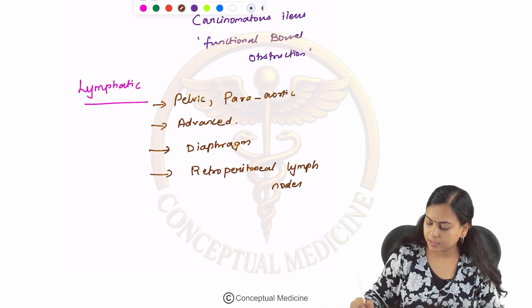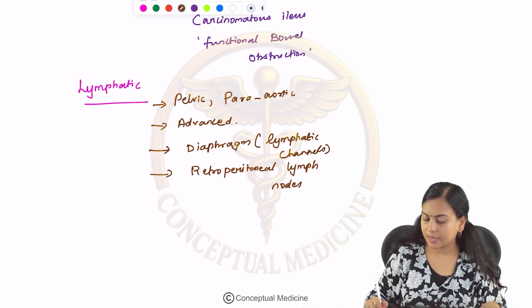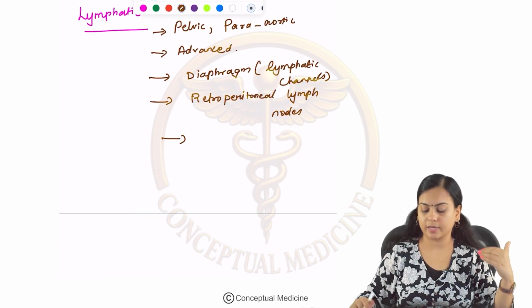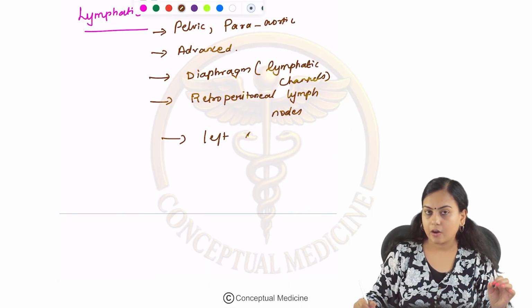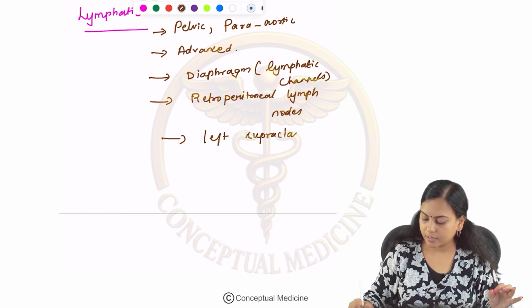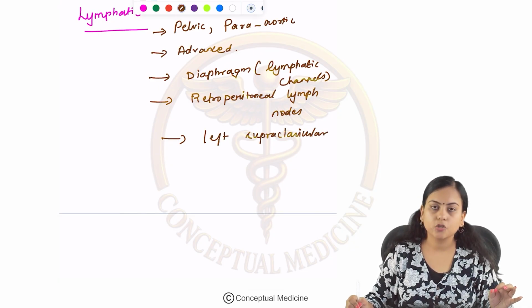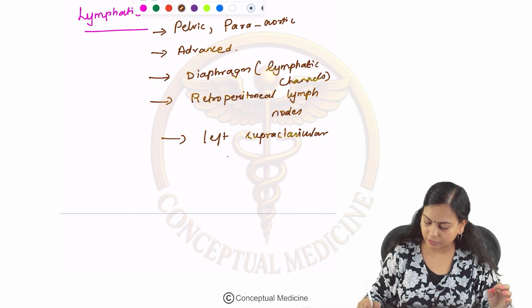Okay, diaphragm means the lymphatic channels of the diaphragm will be involved. Then even sometimes above the diaphragm the spread can happen. That's why we are checking supraclavicular node involvement during examination of the patient with carcinoma ovary. Okay, left supraclavicular node involvement.